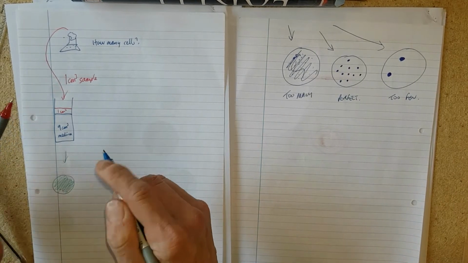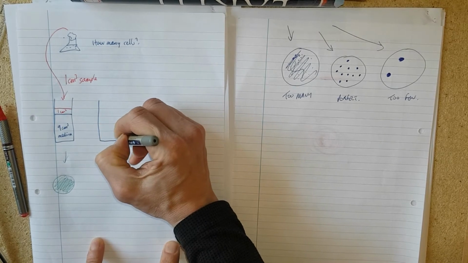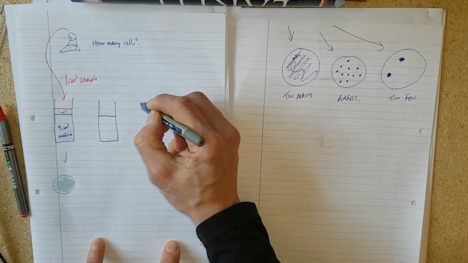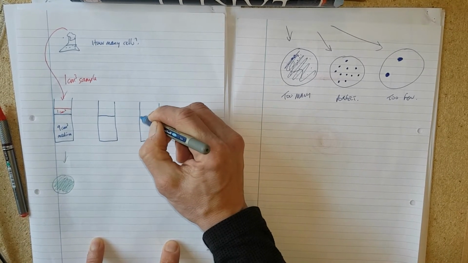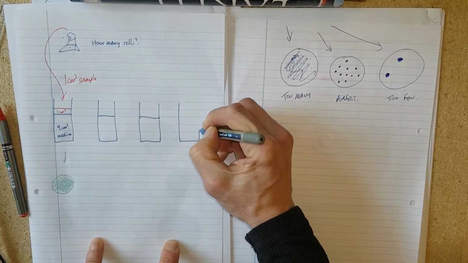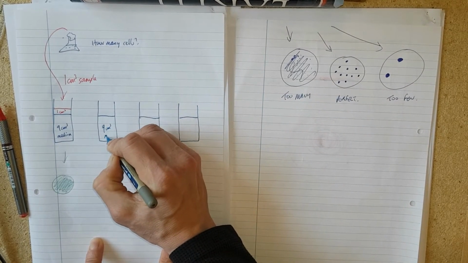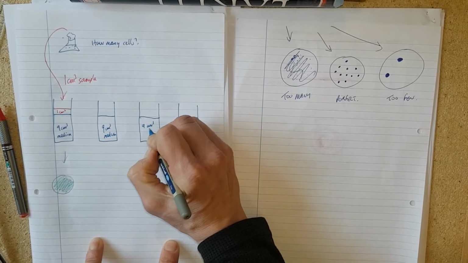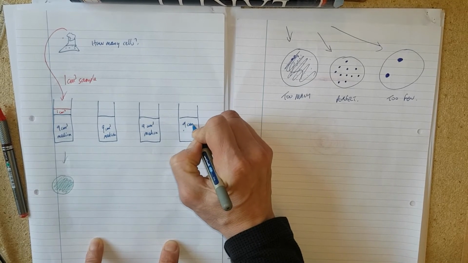So what we do is we set up some more tubes, each with 9 cm cubed of medium in. So no cells, 9 cm cubed of medium.